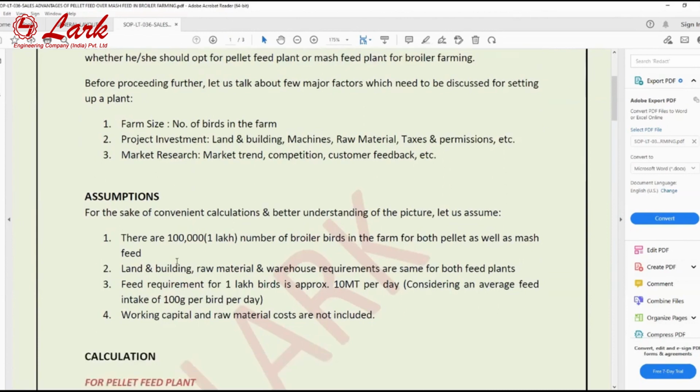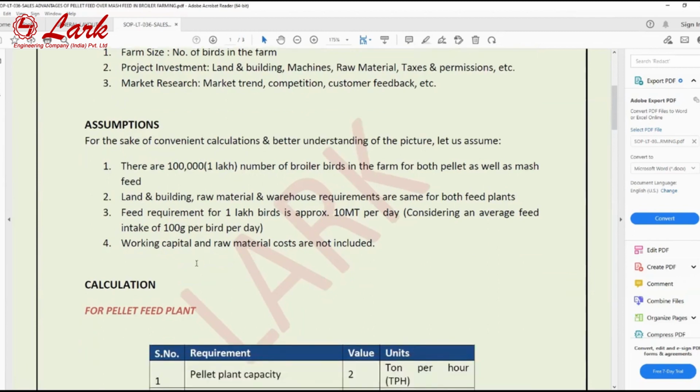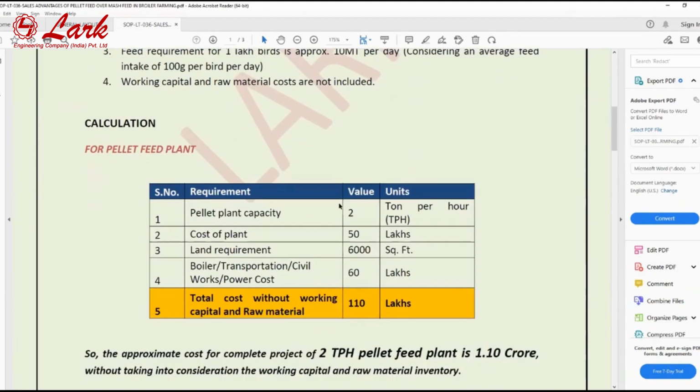We have a reference of a farmer having 1 lakh broilers, and the land and building, raw material, warehouse required for both with feed plants, feed requirement, and that is the calculation. For a pellet feed plant of 2 tons per hour, the cost in that document is four years old.